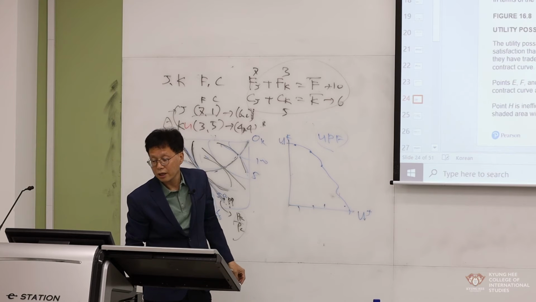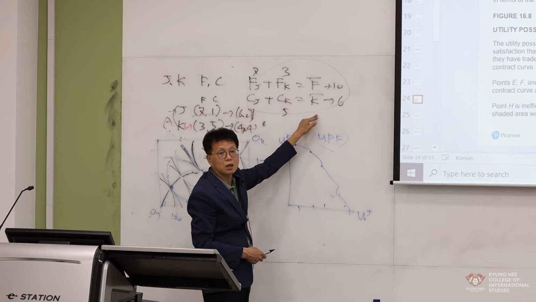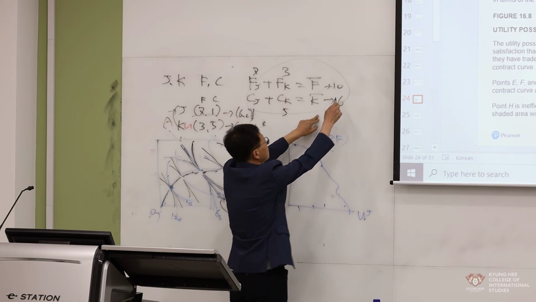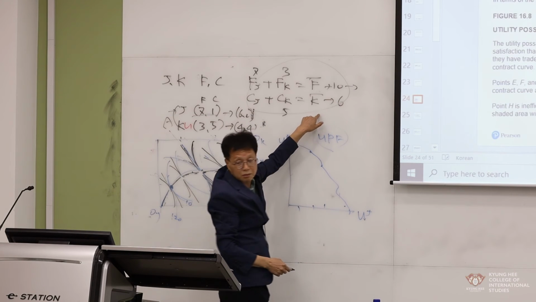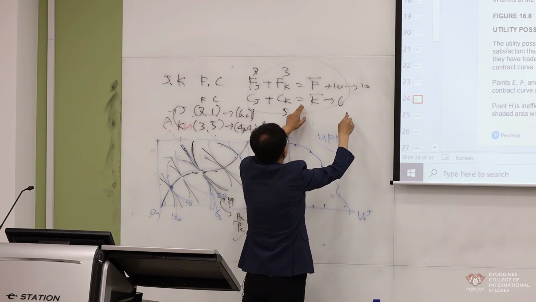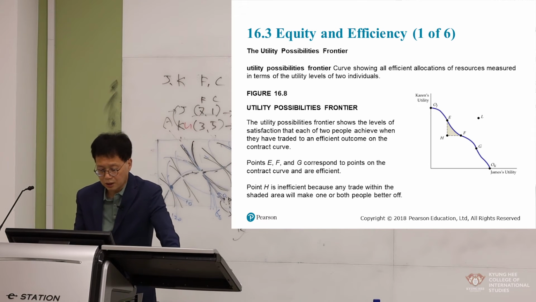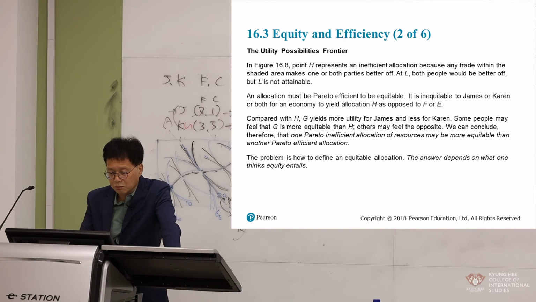But point L is not within this condition. Maybe, to reach point F, food is increased from 10 to 15 and clothing from 6 to 10, like this. Right? In that sense, it's not attainable.